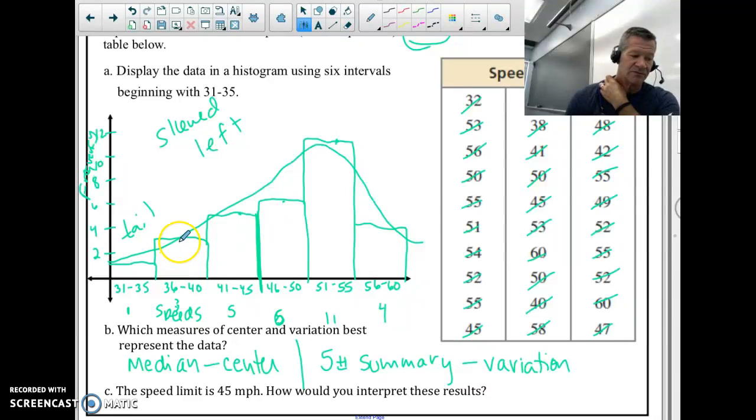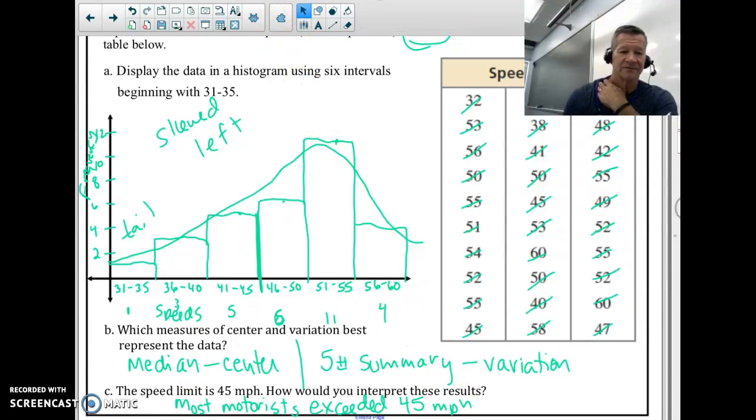So most of the motorists were speeding in this case. So most motorists, and we can use different words, we can say exceeded 45 miles per hour, or most motorists were going faster than 45 miles per hour. And that's it for example 2.